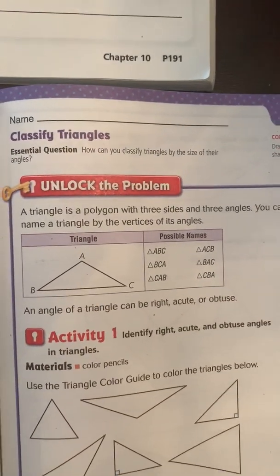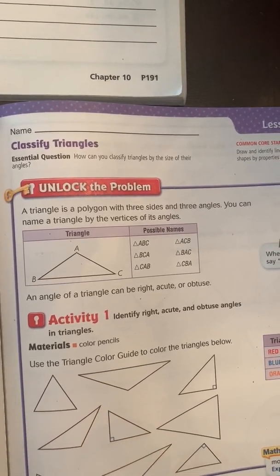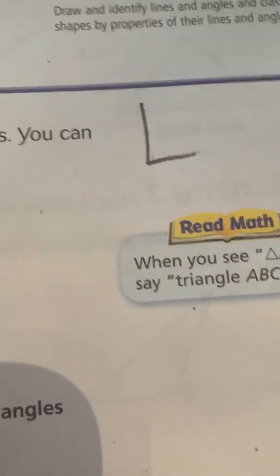So we are in the big book, page 385, and our learning goal is: I can classify triangles by the size of their angles. Yesterday we talked about a right angle, an obtuse angle, and an acute angle. And very quickly before we begin, you know how I am, I like to review some things. A right angle has to be a perfect square.